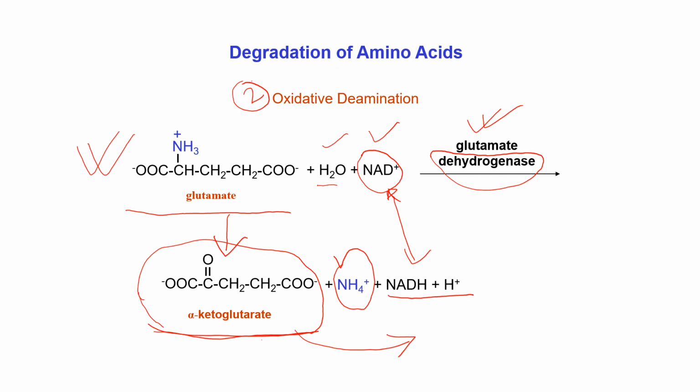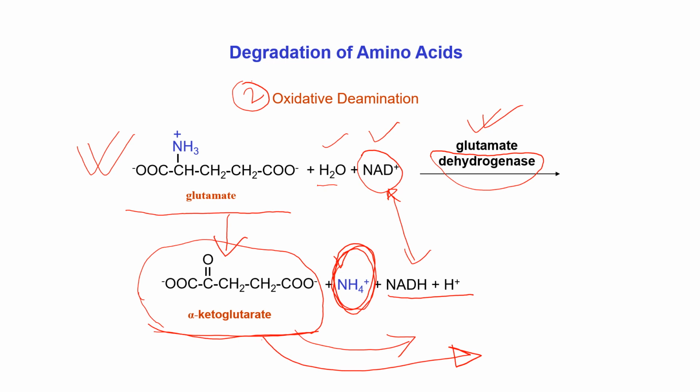So the ultimate fate of this alpha keto acid after oxidative deamination is to produce energy. In the previous step, after transamination, that alpha keto acid was also utilized for energy production. So by this two-step reaction, we get energy from amino acid, but the metabolic end product of this amino acid is ammonium ion.